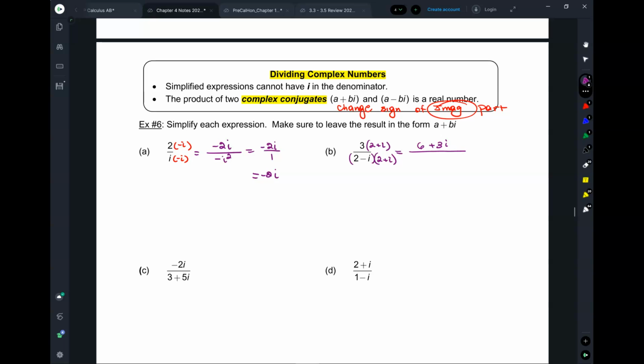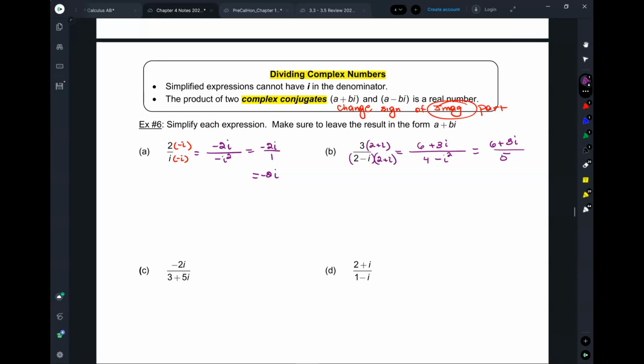It's going to be the first one squared, the second one squared, with a minus in the middle. You guys remember this? But now this is going to be 6 plus 3i over, how much is that? 4 plus 1, 5. Yes?